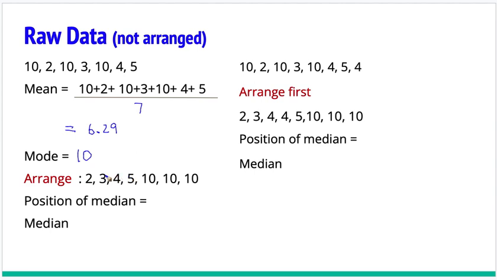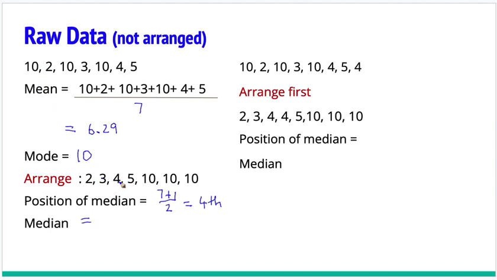To do this, we take the total number of items. In this case, we have 7 items. So to determine the position, we take 7 plus 1 divided by 2, and that gives us the 4th position. So the median is in the 4th position.